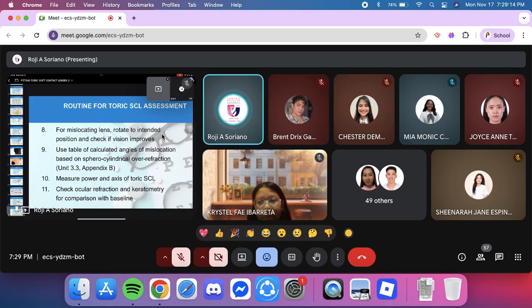For a mislocating lens, rotate to the intended position, for example, if it went 15 degrees left, all you have to do is place it in its intended position. If it improves, then you know that it is a rotational problem, right? And not poor lens quality, right?